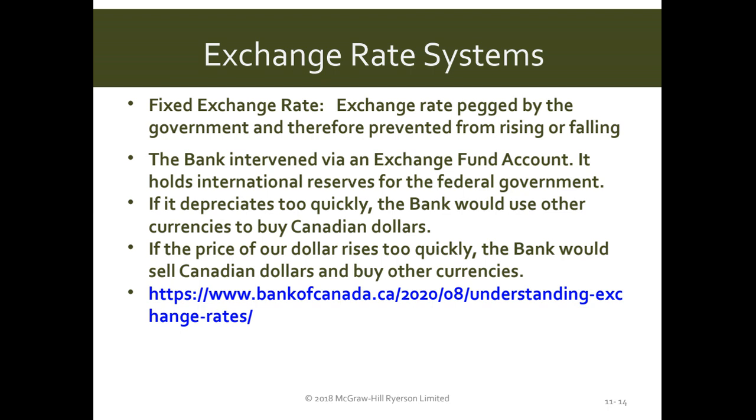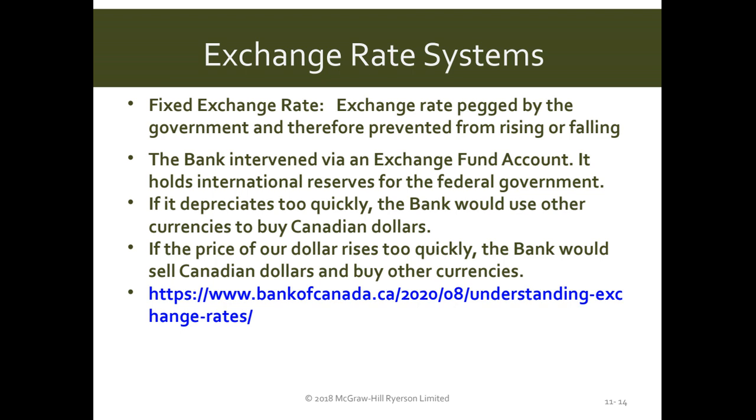The bank intervenes via an exchange fund account. It holds international reserves for the federal government. So all central banks, including Bank of Canada, hold foreign currencies: US dollars, euros, British pounds, Swiss francs, all these currencies.